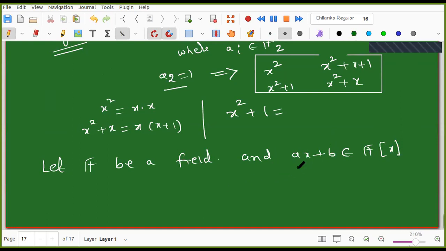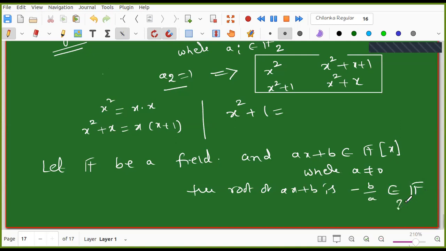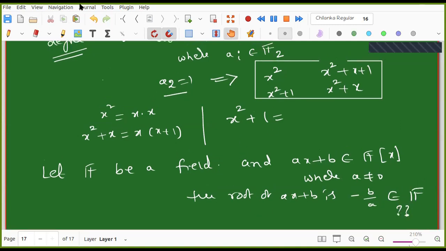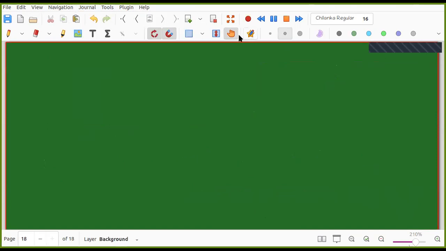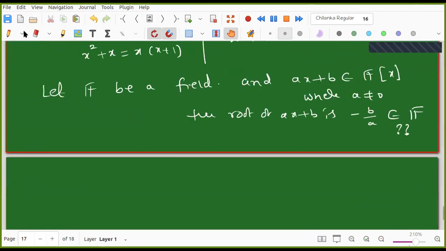So can you tell me the root of this polynomial? Minus b by a. Yeah. Then the root of ax plus b is minus b by a, correct? Does it belong to F? Yes, sir. Why does it belong to F? Because F is a field.